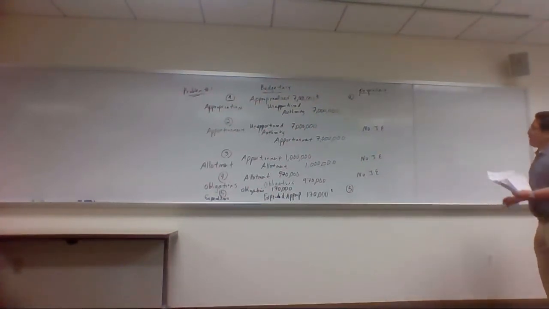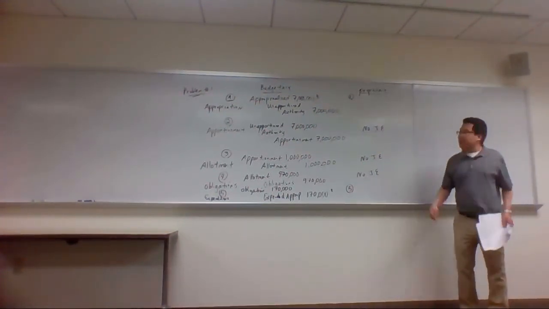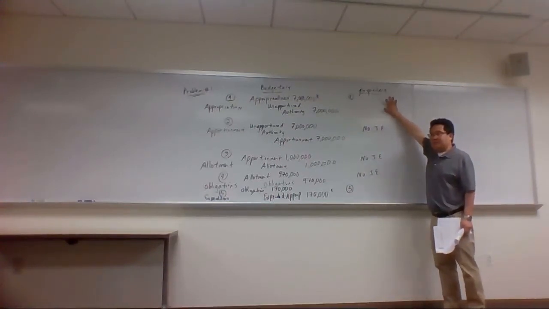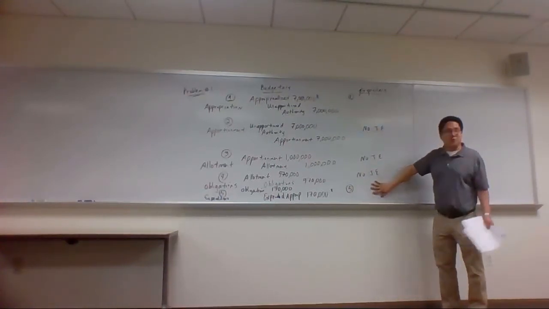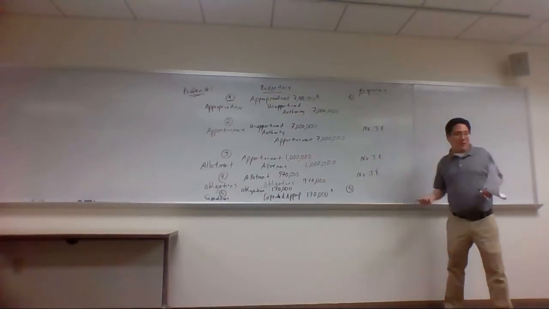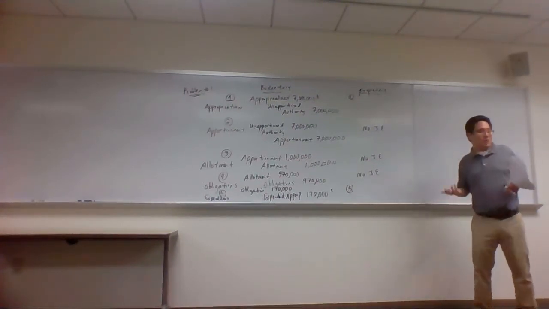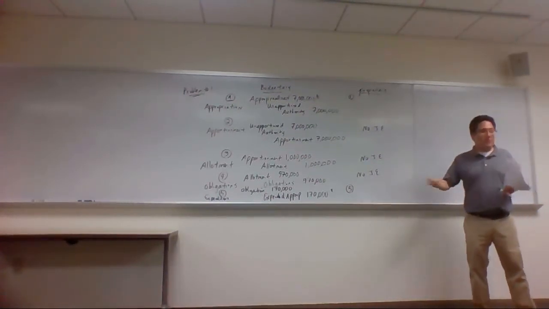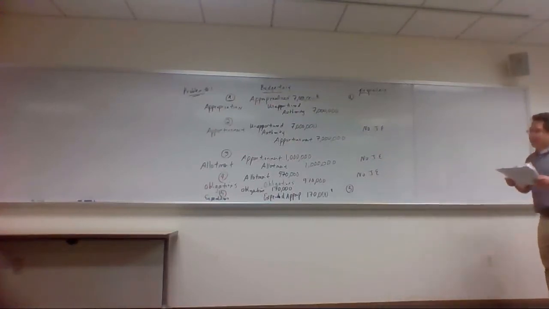All right, so proprietary, this is like full accrual accounting. Here, number 1, you're getting the money. Number 5, you're spending the money. So that's the only time you have to make a journal entry. It's like cash basis: when you get the money, when you spend the money. So in number 1, how much money did we get? How much money were we appropriated? 7 million, right?